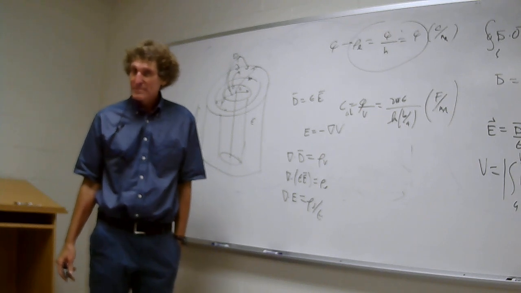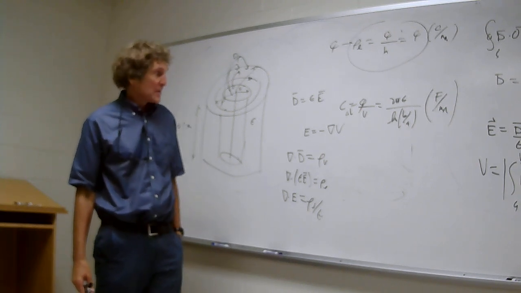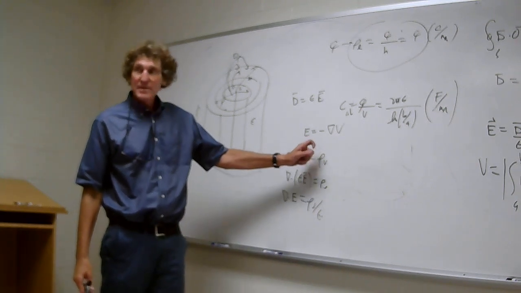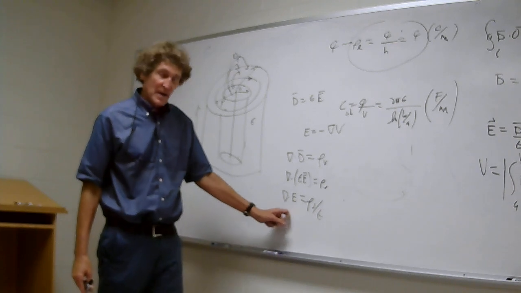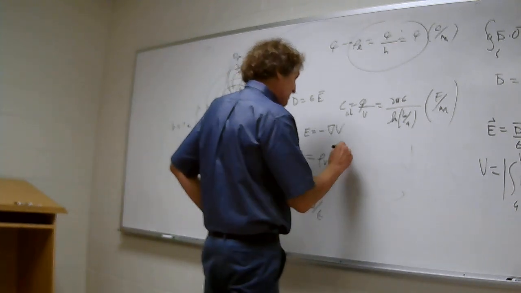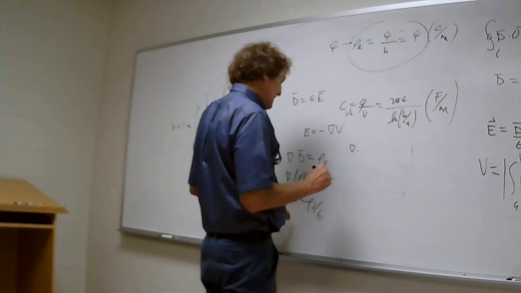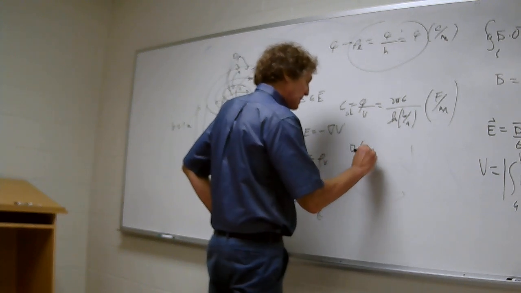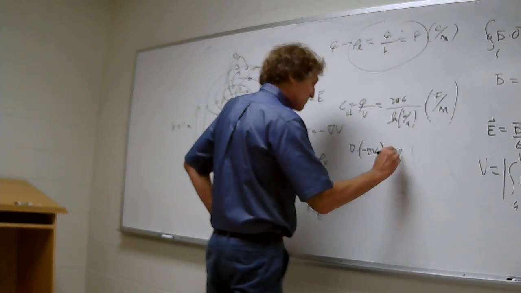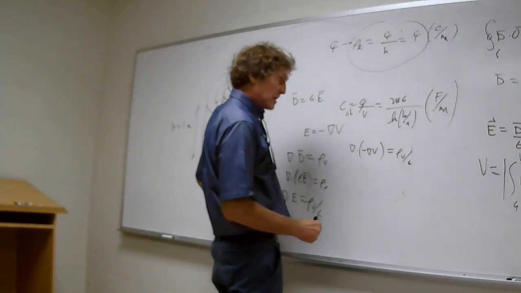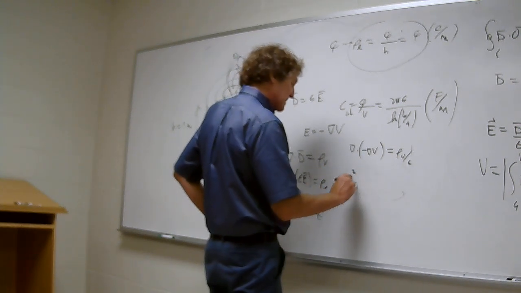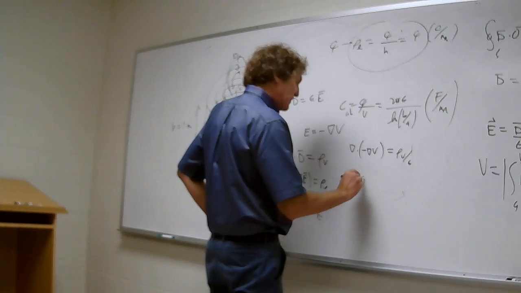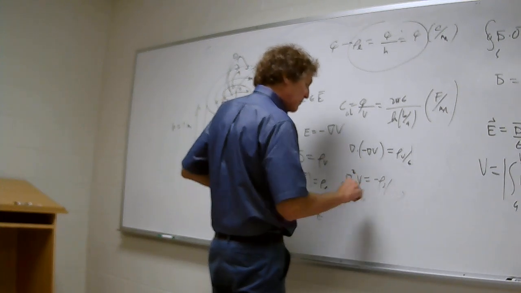Now, if I plug E, which is minus the gradient of the voltage, into this equation, I end up with del squared, a second order operator, on V equals minus rho V over epsilon.